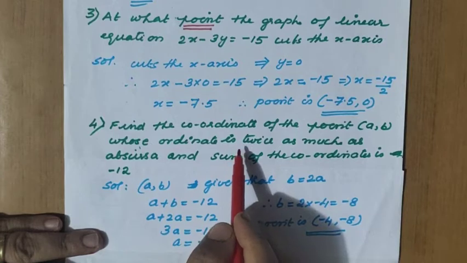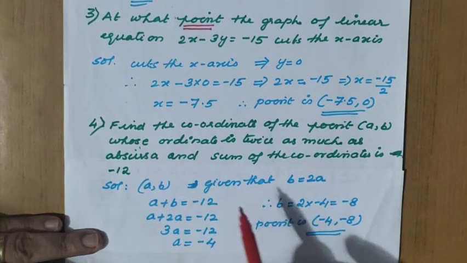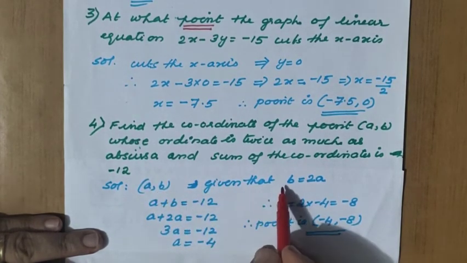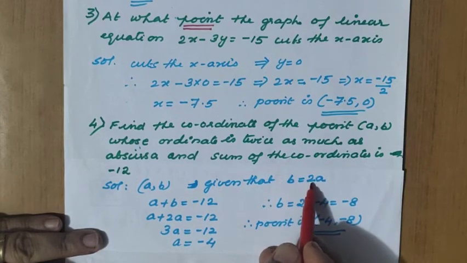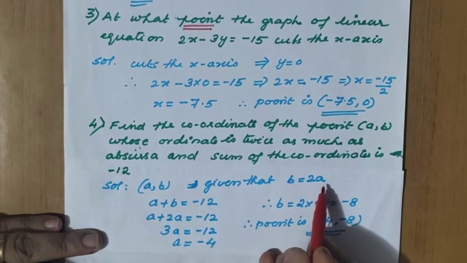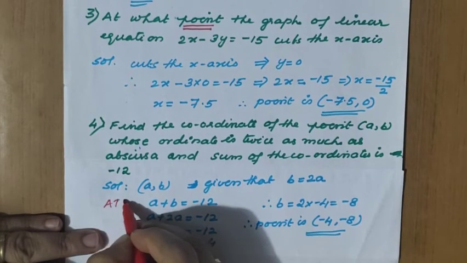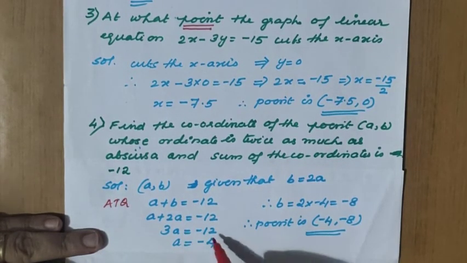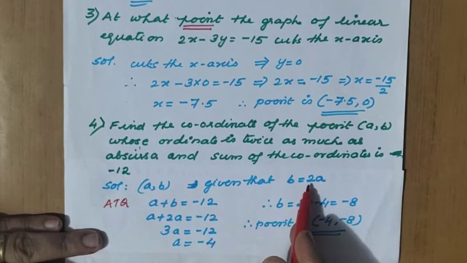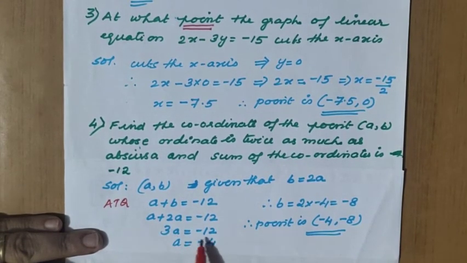That means the y value is twice the x value. So for the point (a, b), it is also given that b equals 2 times a. And according to the question, a plus b equals minus 12. For b we can substitute 2a. So 3a equals minus 12, and a equals minus 4. Once we have the value of a, we can calculate b equals minus 8.